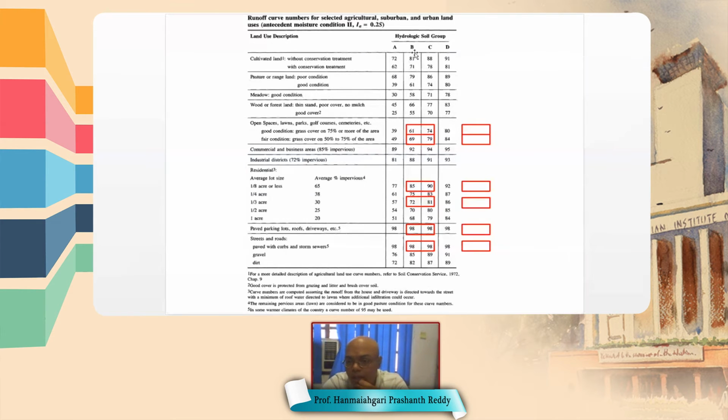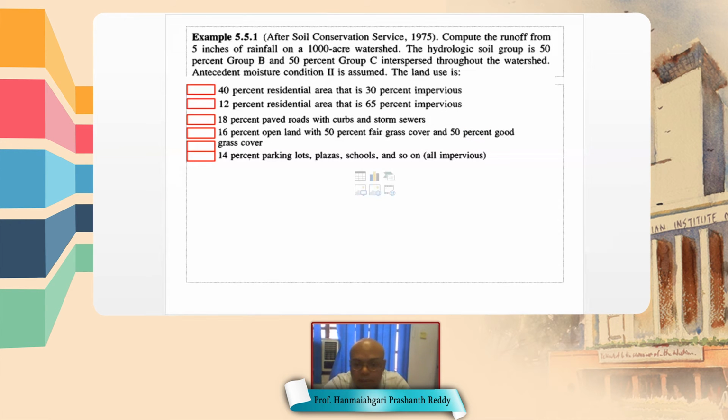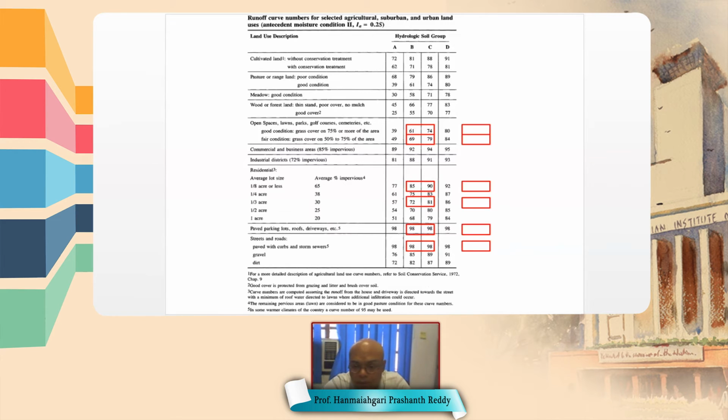Okay, so mainly the soil is B and C, and you can see here the residential average percentage impervious is 30% impervious.